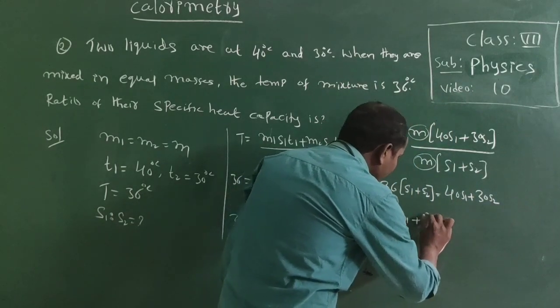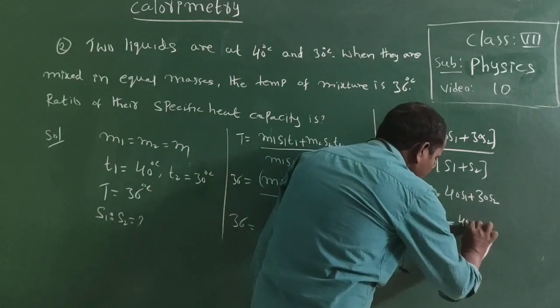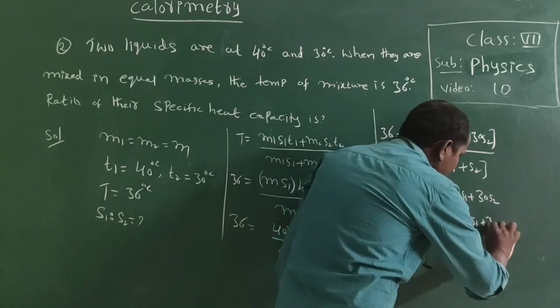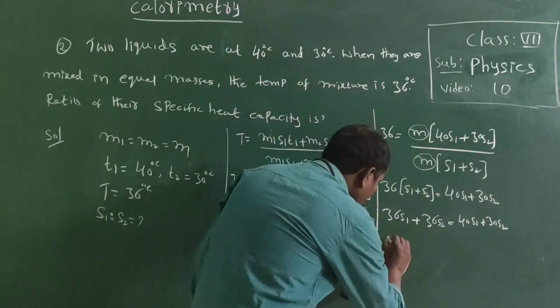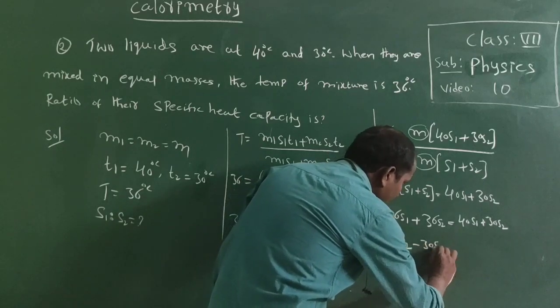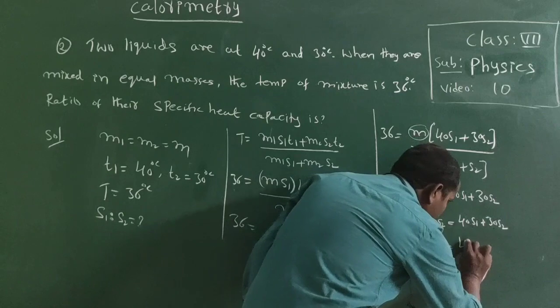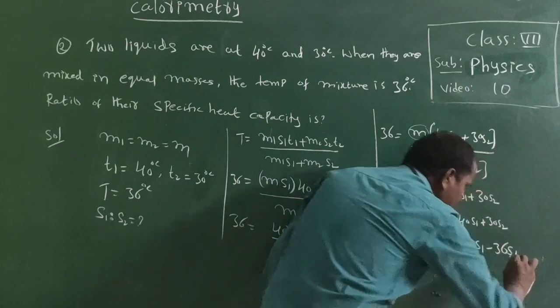So here 36 S1 plus 36 S2 equal to 40 S1 plus 30 S2. Okay. Now here 36 S2 minus 30 S2 equal to 40 S1 minus 36 S1.